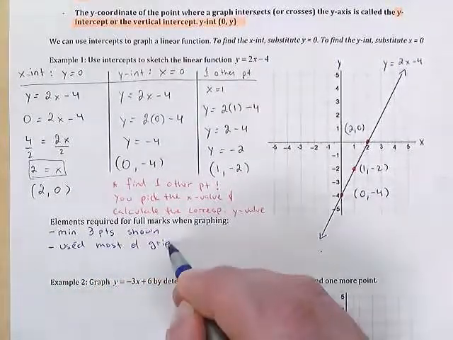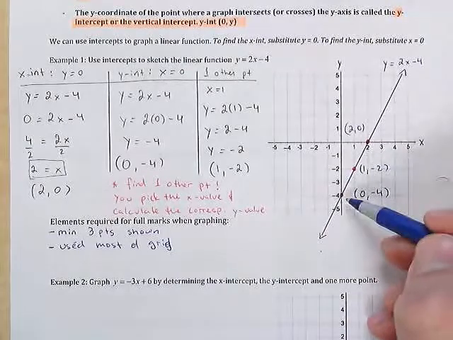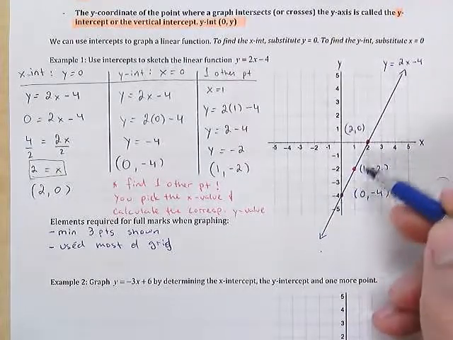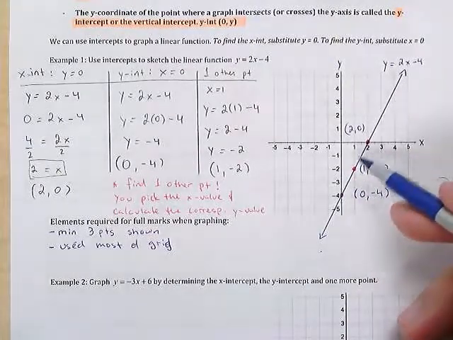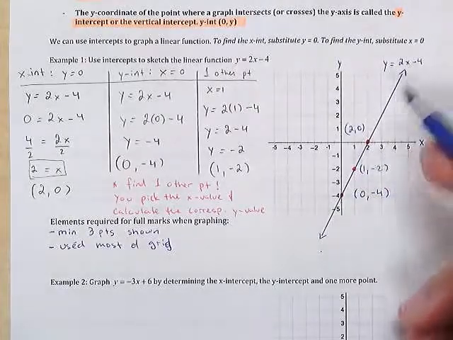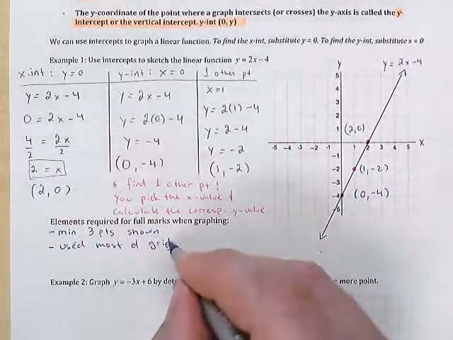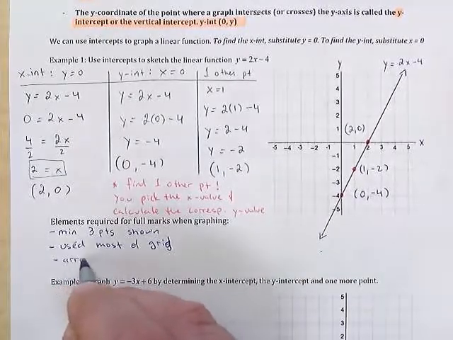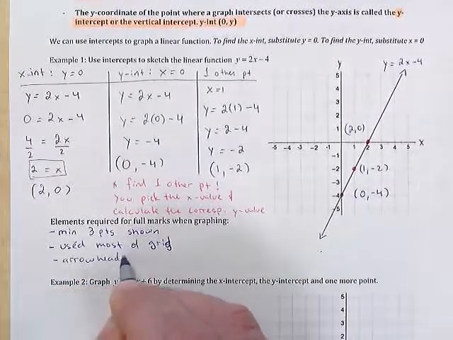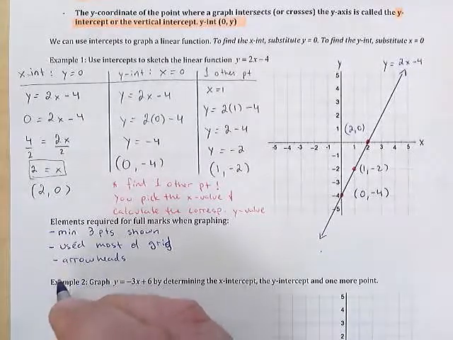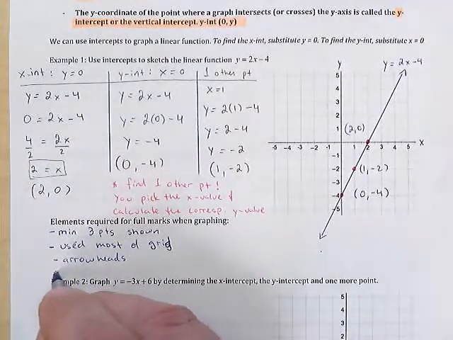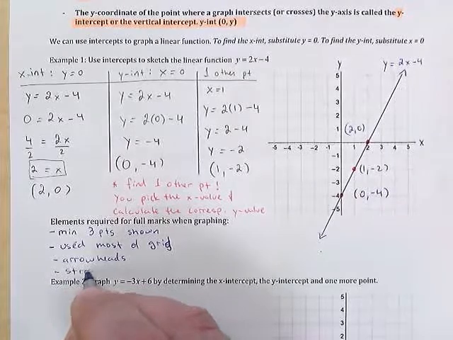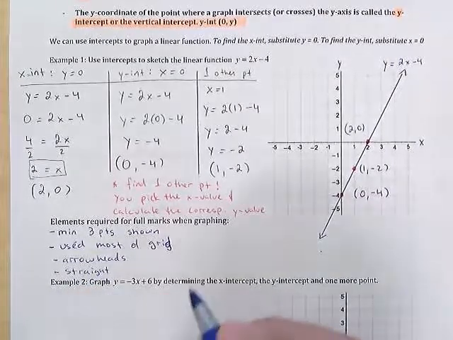So what I mean is some students just go just those 3 points and that's it. No, these are just there to help you graph. You extend it, right? Unless there's a restriction. Arrowheads. That's only if applicable. Straight edge. Straight lines, basically.